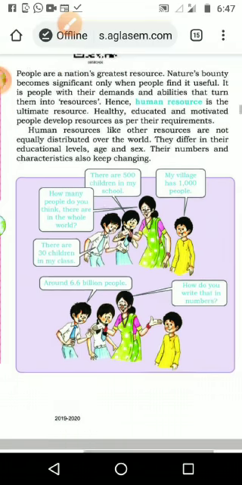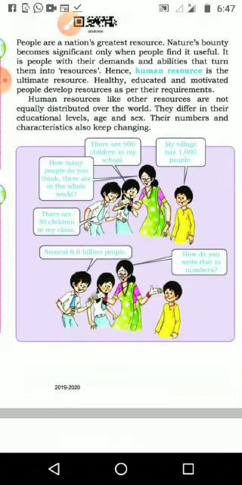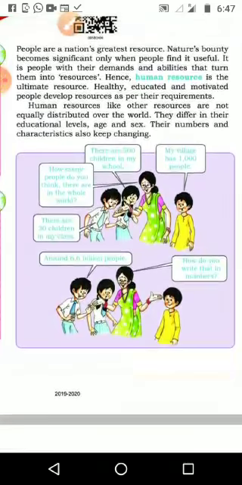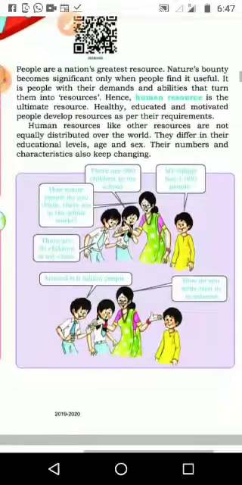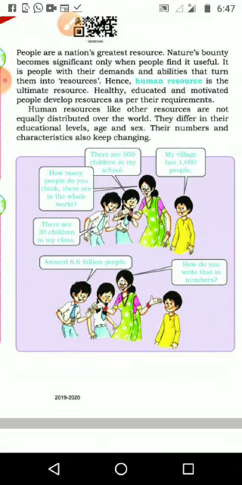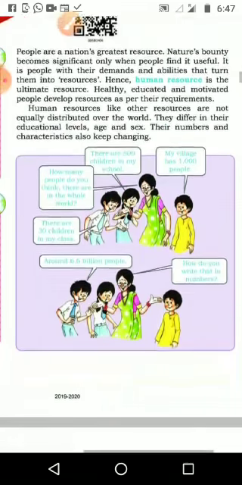Please underline: healthy, educated and motivated people develop resources as per their requirement. A stone may be a resource for one person, or sand may be a resource for another person. If the person is healthy, educated as well as motivated, then that person will develop all the resources according to the requirements.